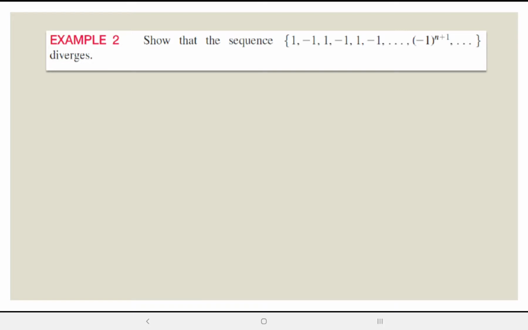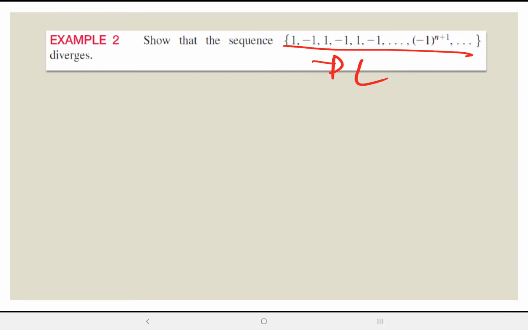Suppose natin na nagko-converge nga siya sa isang number L. Parang proof by contradiction, ano. Suppose natin na convergent siya and then maghahanap tayo ng inconsistency. So suppose that this sequence converges to a certain number L.